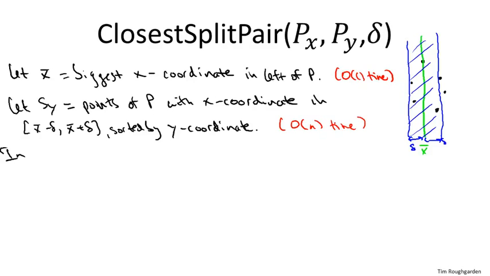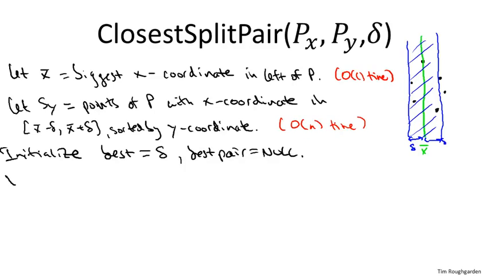As we do the scan, we're going to keep track of the closest pair of points of a particular type that we've seen so far. So let me introduce some variables to keep track of the best candidate we've seen so far. There's going to be a variable best, which will initialize to be delta. Remember, we're uninterested in split pairs unless they have distance strictly less than delta.